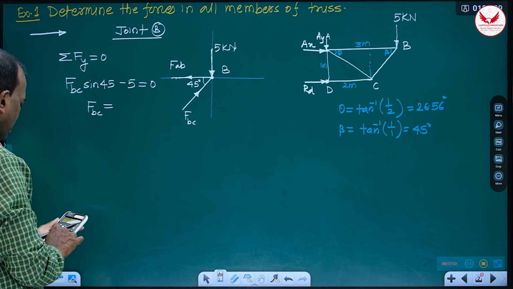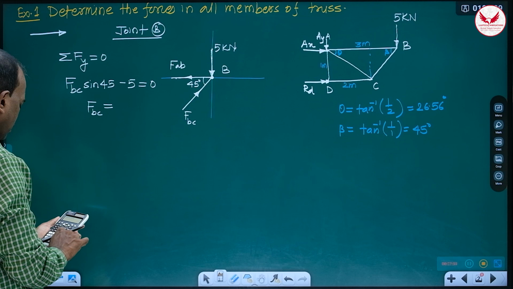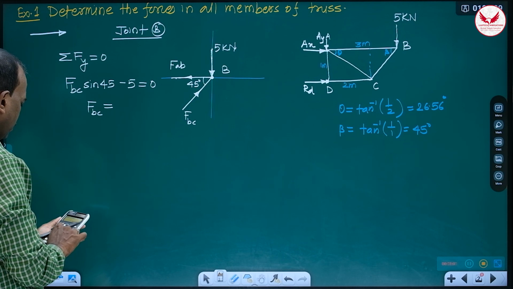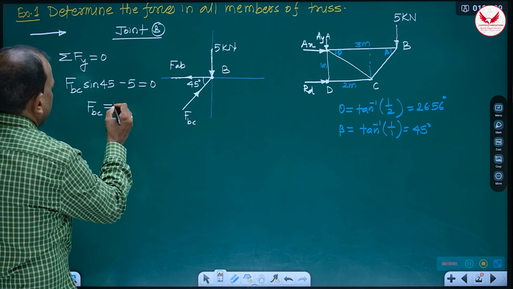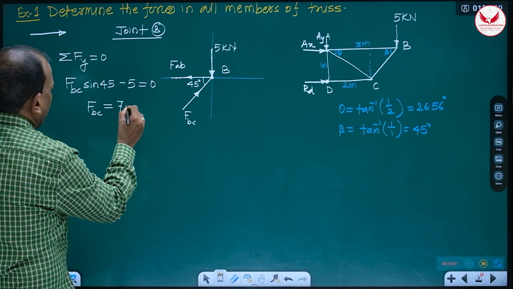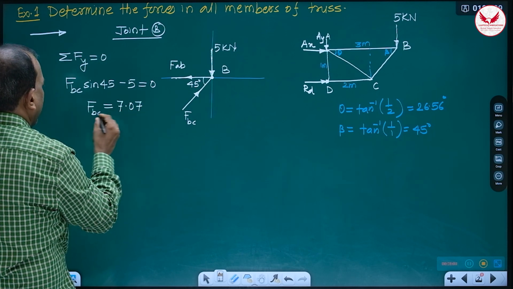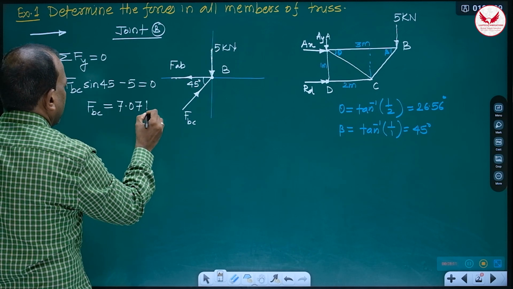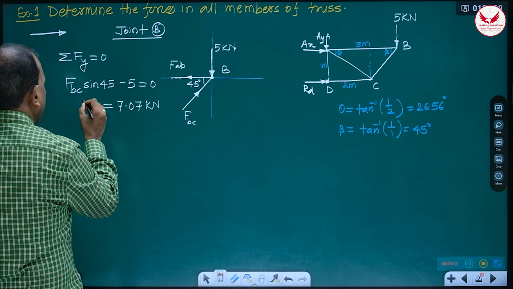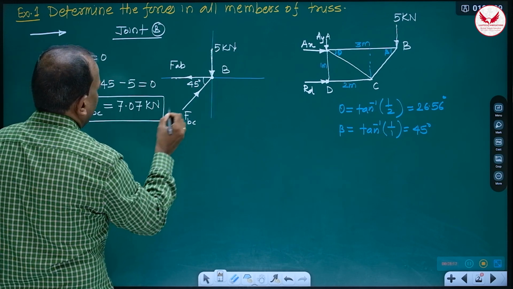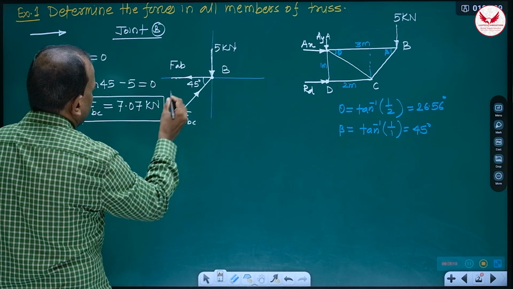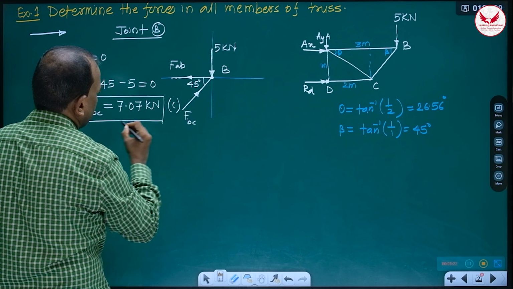It is 7.07. Direction is correct, so the magnitude is 7.07 kilonewton. And the direction of FBC is towards the joint, so it is compressive.